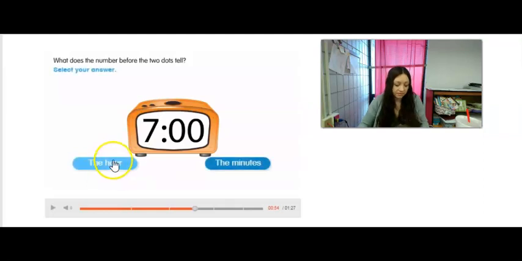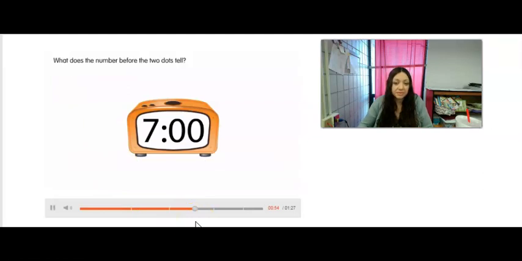Select your answer. It tells the hour. What do the numbers after the 2 dots tell? They tell the minutes. So 7 tells the hour, and 00 tells the minutes.